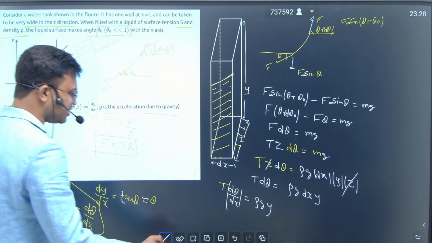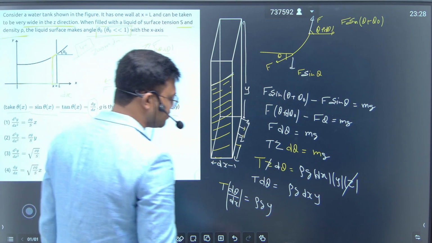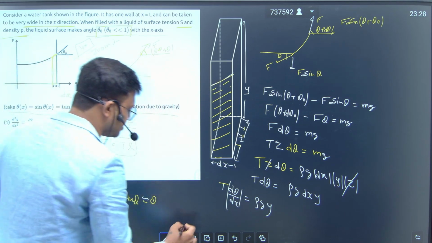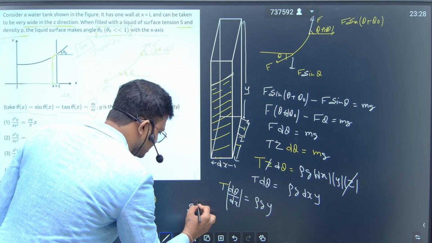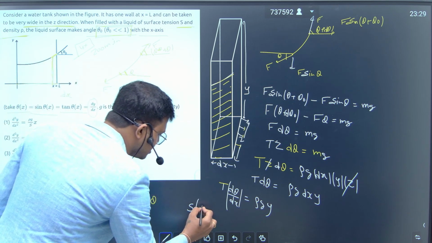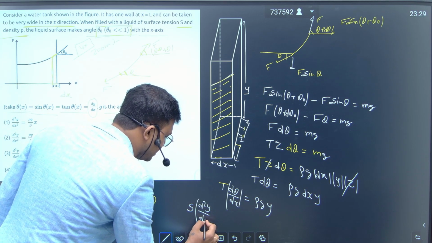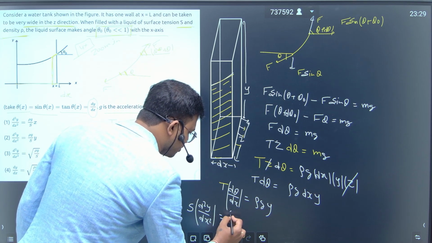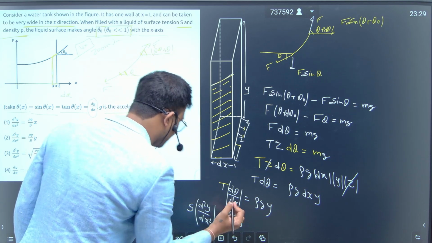The term T is actually the surface tension S. So S into d theta by dx, which is d2y by dx square, is equal to rho into g into y.